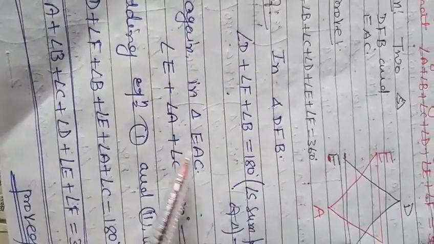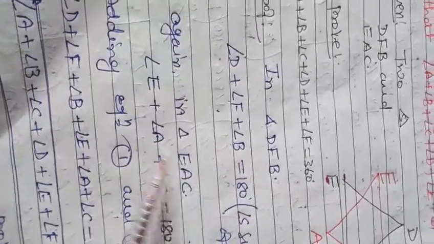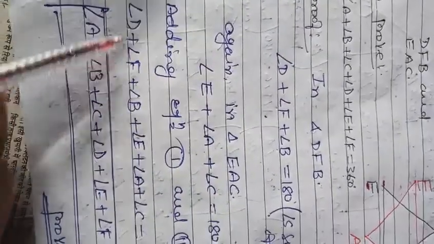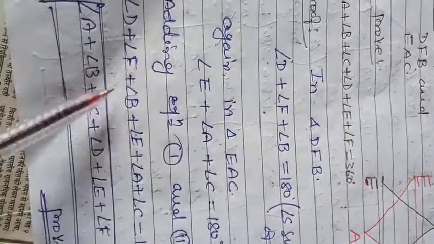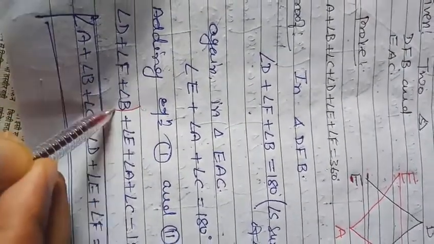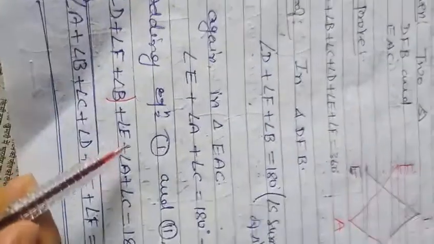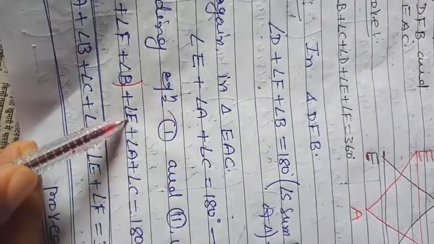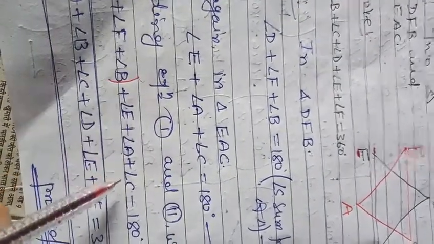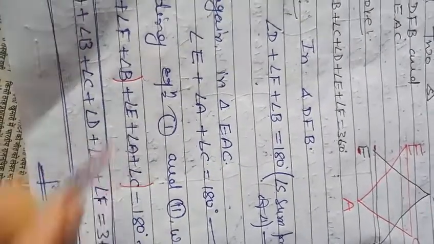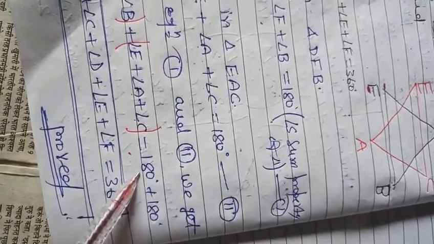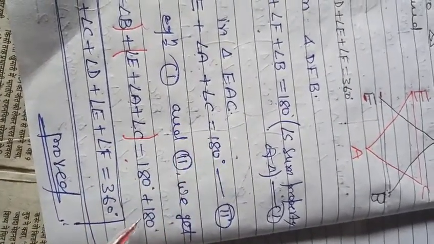Now adding both equations, LHS to LHS and RHS to RHS, then we get angle D plus angle F plus angle B and angle E plus angle A plus angle C is equal to 180 degree plus 180 degree.